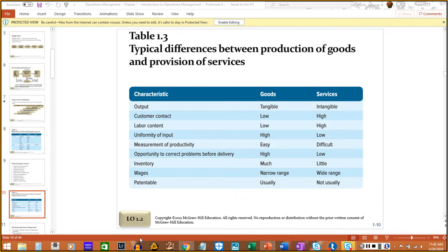Opportunity to correct problems before delivery. Services, you can do that because, or not services, but goods, when you're producing a good, you can correct a problem. An example of that would be a recall on a vehicle.